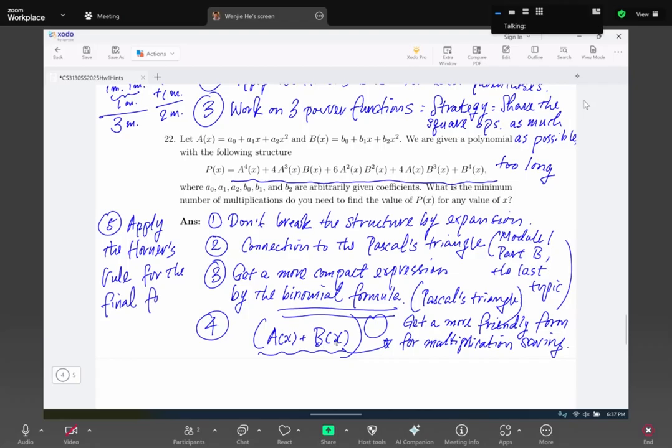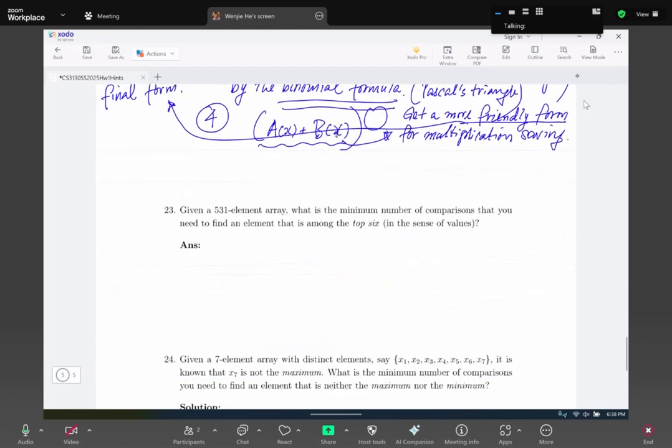This final form is that friendly form. Then you can answer this question well. Here you can see this question is designed to really check your knowledge and understanding of the techniques.